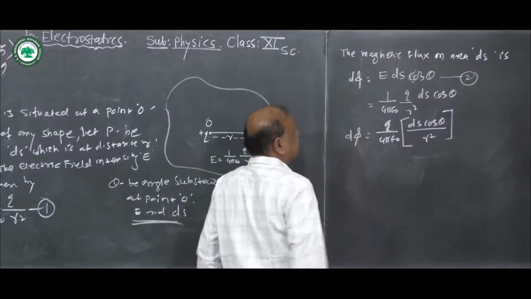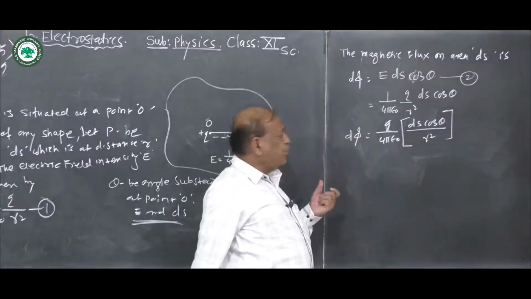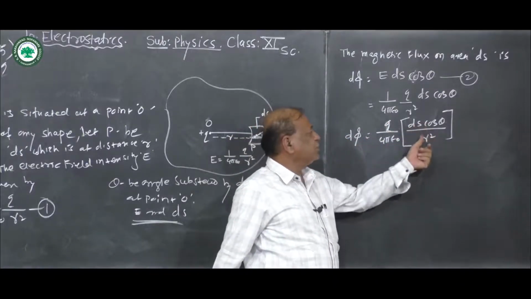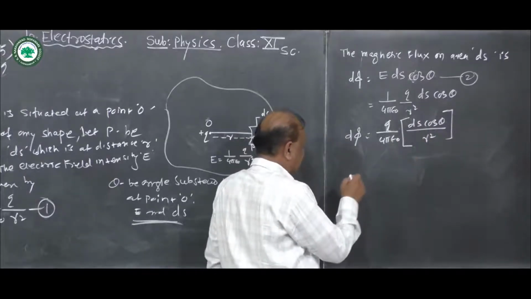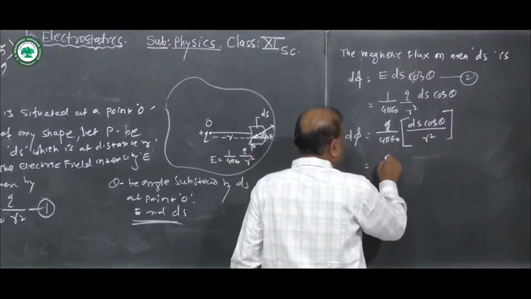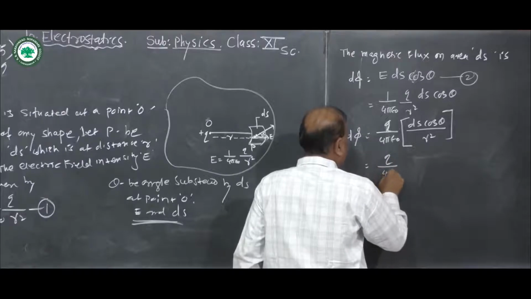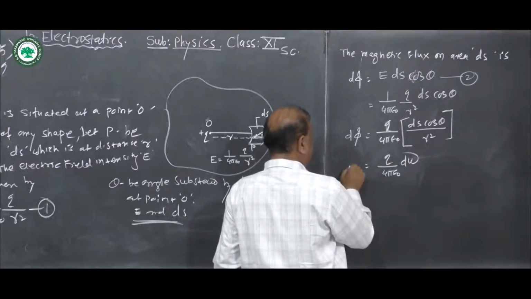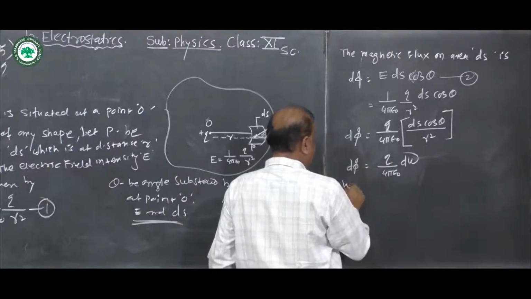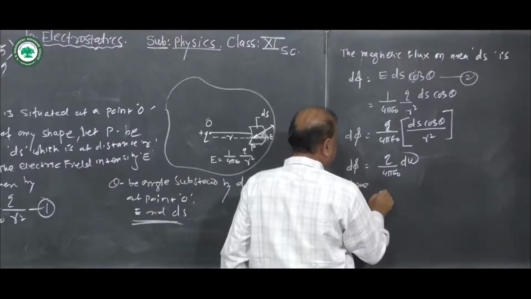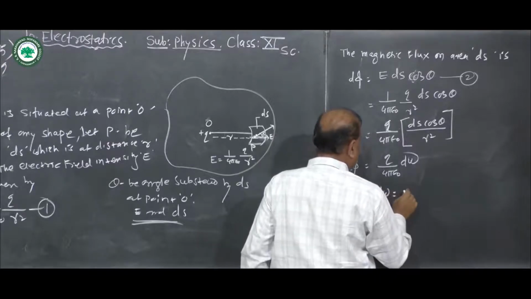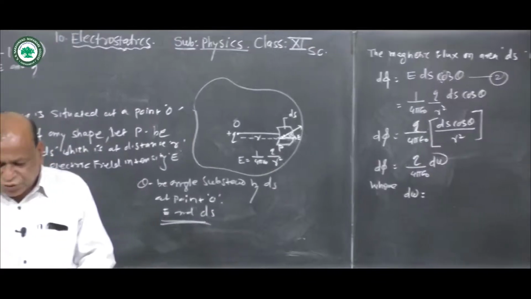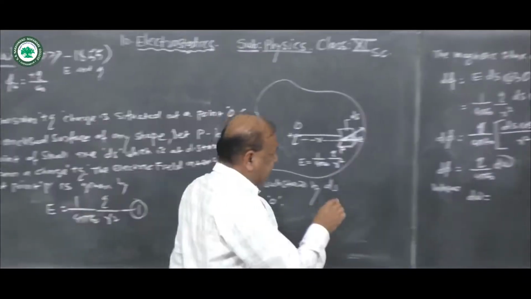This is the small electric flux: d phi is equal to Q upon 4 pi epsilon 0 ds cos theta upon R square, which is equal to Q upon 4 pi epsilon 0 into d omega. Here this d omega is the solid angle subtended by area ds.